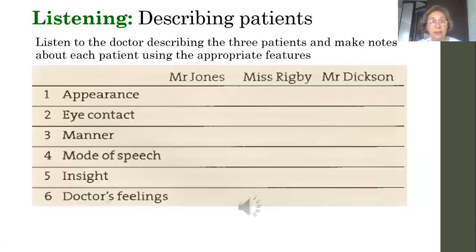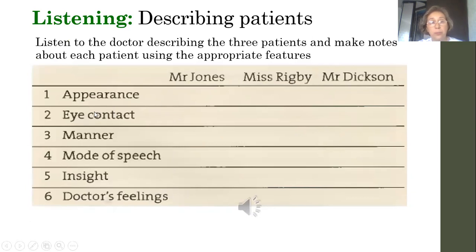Well, now the next task is we are going to listen to the doctor who describes three patients, and make notes about the patients using appropriate features. You can see there will be information about Mr. Jones, Miss Rigby, and Mr. Dixon. Please, on your paper, draw a similar table, leaving some space for notes.